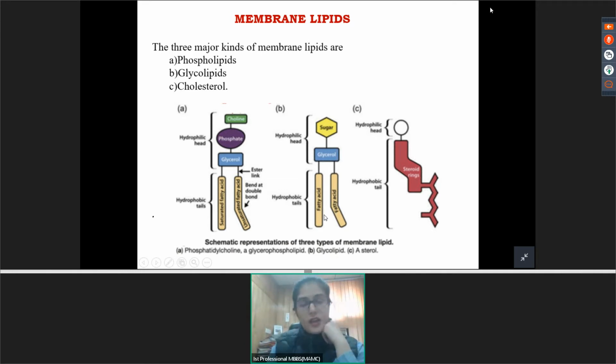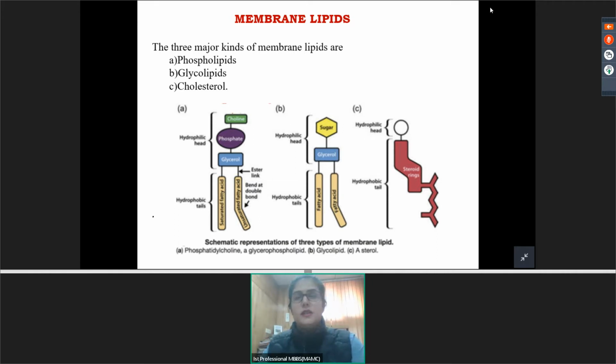Similarly, in the case of glycolipids, there are two fatty acid chains that are hydrophobic, and the sugar and glycerol part are hydrophilic. In cholesterol, the sterol ring part is hydrophobic, and a hydroxyl group, which is attached to the cholesterol molecule, forms the hydrophilic head. So you need to remember that biological membranes are usually made up of three types of lipids, which are phospholipids, glycolipids, and cholesterol.